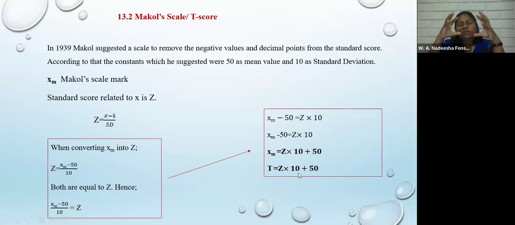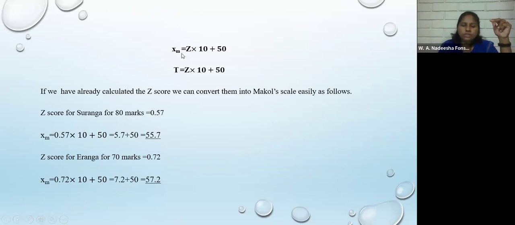Then, to use this T mark or McCall's mark, we have to know the Z value of the particular mark. Therefore, first we have to find the Z value. We already found two Z values for those two students, no? That day we substituted those values here.